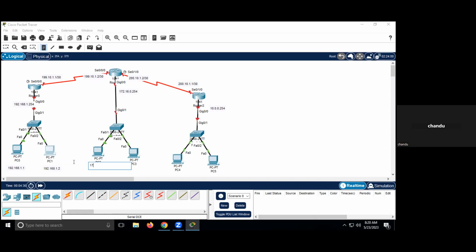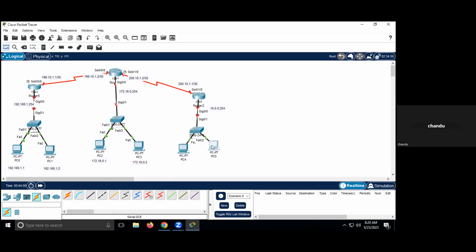Then 172.16.0.1, 172.16.0.2. Then 10.0.0.1, 10.0.0.2.